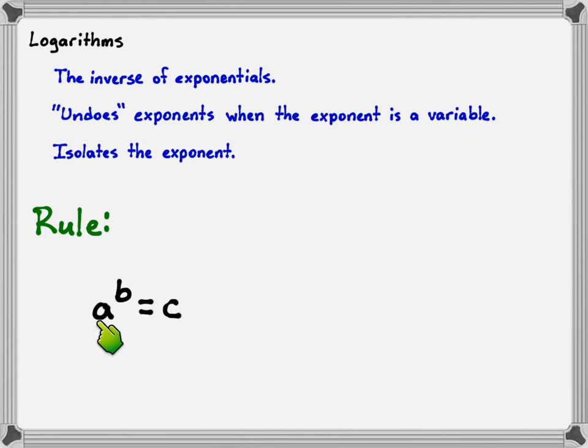If a is your base and b is your exponent, and the result of that is equal to c, then that's equivalent to the log with a subscript of a of c equals b.